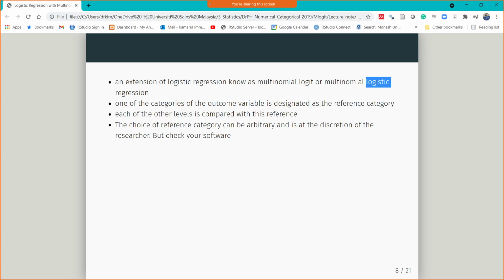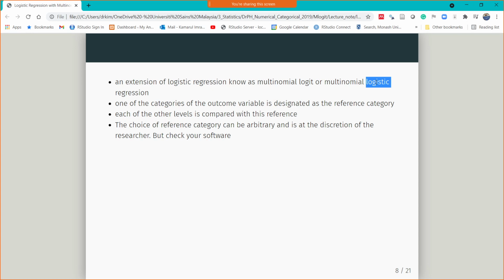One of the categories of the outcome variable will be the reference category. In binary logistic regression, the reference category will always be the one that is coded as 0.